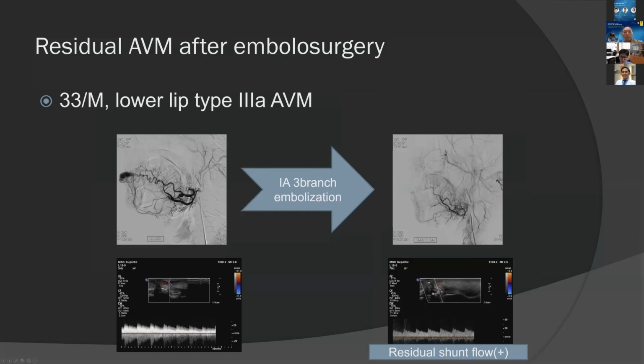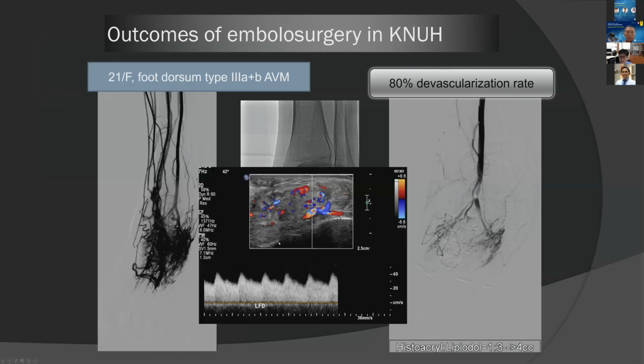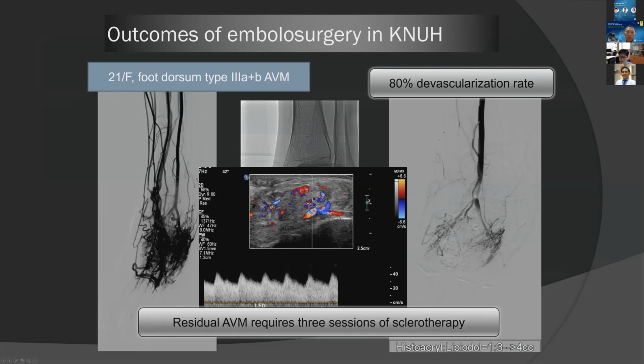However, the patient did not have any symptom or sign from this small shunt flow. This patient received transarterial glue injection and about 20% of the vascular lesion remained. However, this patient's lesion progressed and she had to receive more than 3 sessions of sclerotherapy.